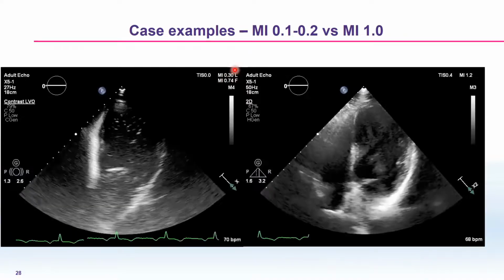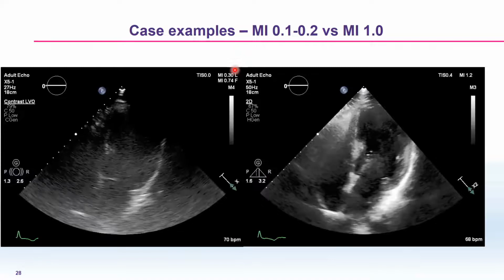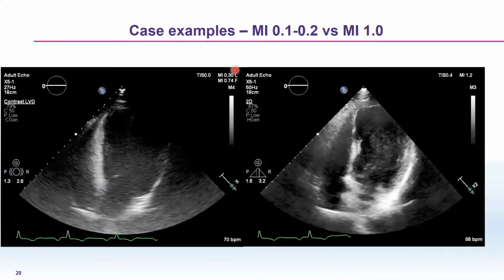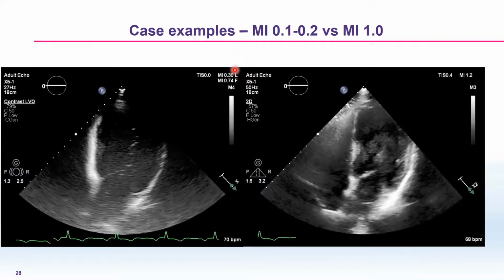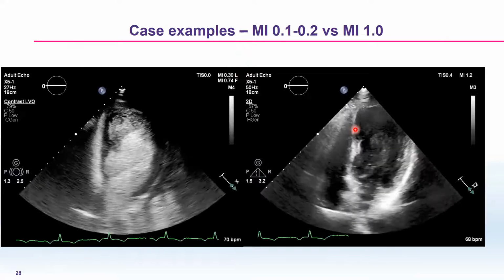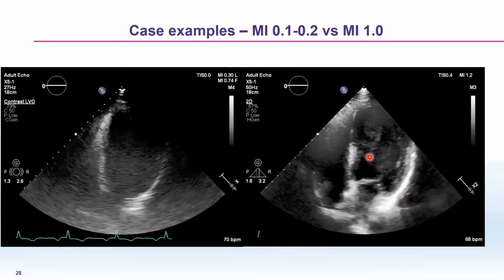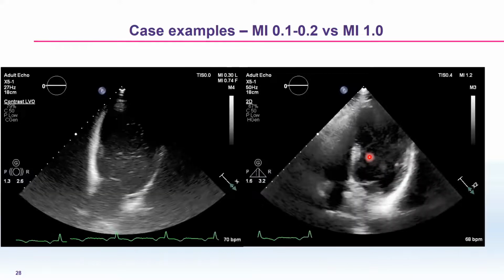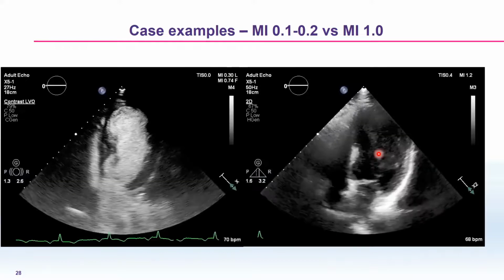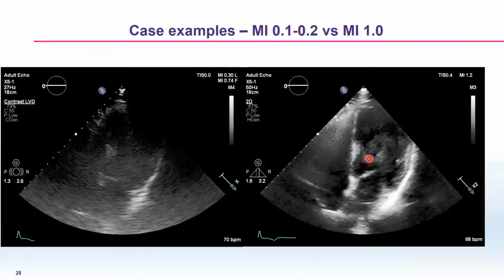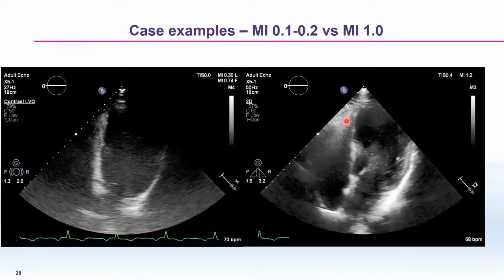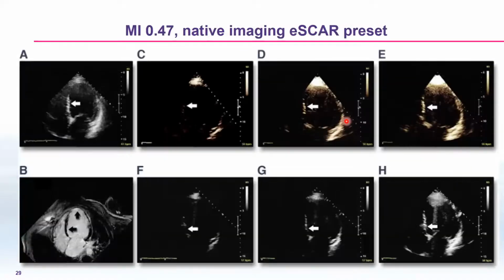MI, the mechanical index, we use 0.1, 0.2. And here on the right, the mechanical index is 1 to 1.2, which is the standard mechanical index on transthoracic imaging, and you cannot really see the contrast, and the contrast is destroyed in the near field. So you need to use the proper presets.